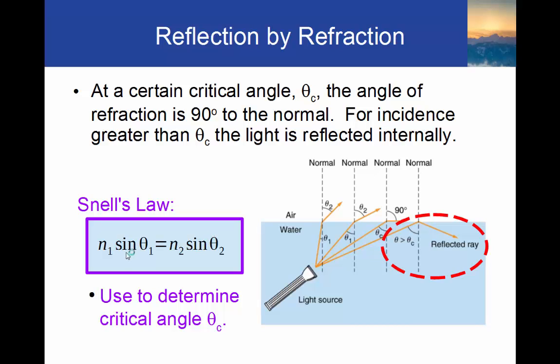So, for example, if you were solving for theta 1, you have sine of theta 1 is n2 over n1 sine theta 2. For some value of theta 2, this whole product becomes greater than 1, and you can't have the sine of some real angle end up greater than 1. At 90 degrees, you get the biggest value for sine, and that's equal to 1.